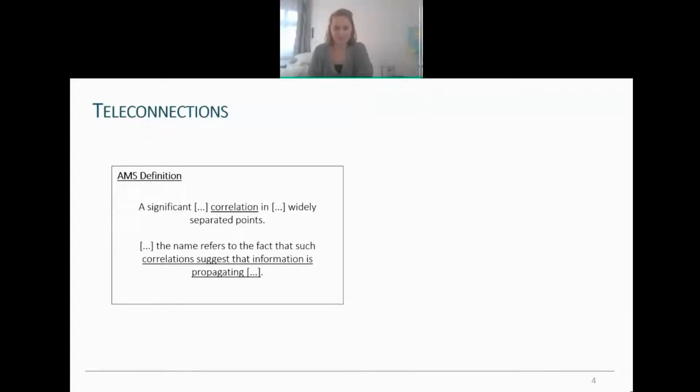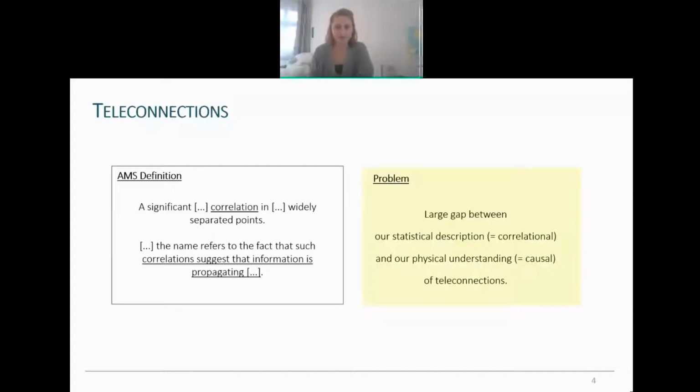We all know that correlation does not imply causation, but I do think this definition reflects a gap that there is currently. On the one hand, there is a large gap between our statistical descriptions of teleconnections, which are mostly correlational, and our physical understanding of them, which is causal. So the question is how can we reconcile these two concepts?